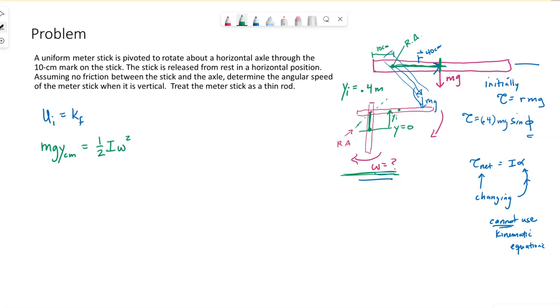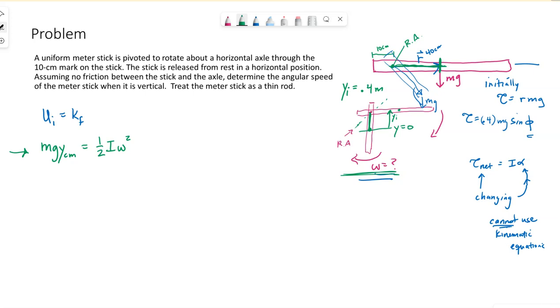The rotation axis isn't going anywhere. So all this meter stick is doing is rotating around an axis. It's not rolling along a surface. And that's why we only have the rotational kinetic energy. And so our fundamental equation we're going to solve is mgy equaling 1/2 I omega squared. And that omega is what we are looking for.